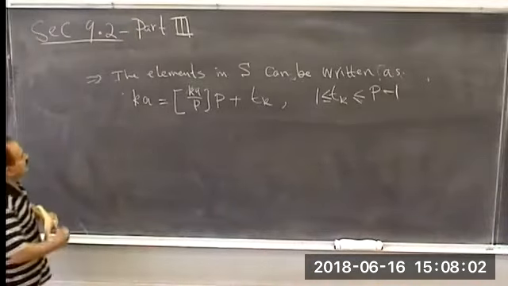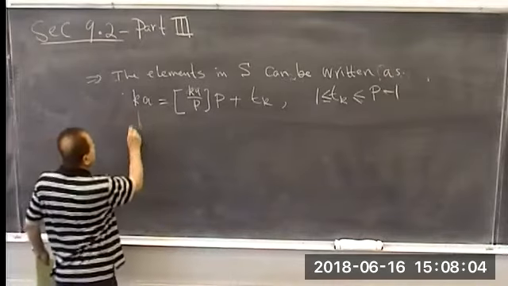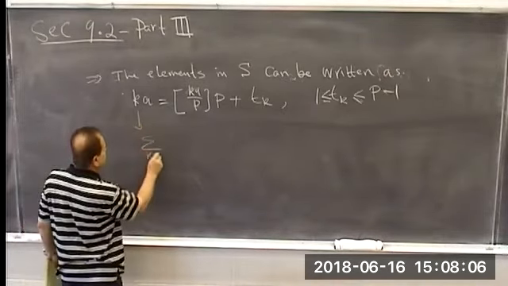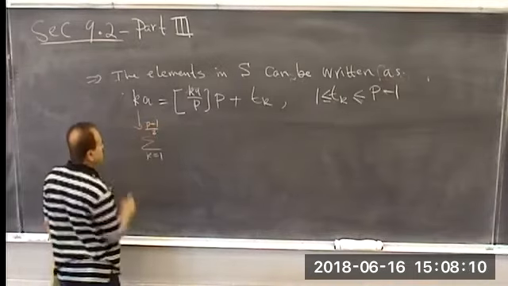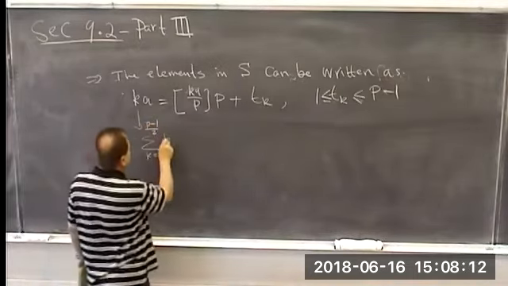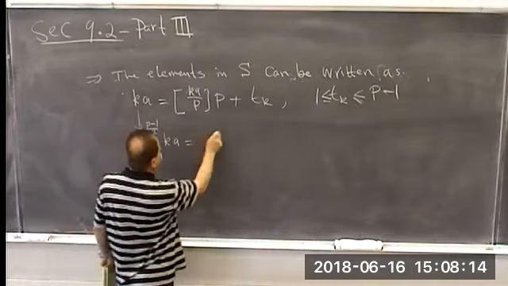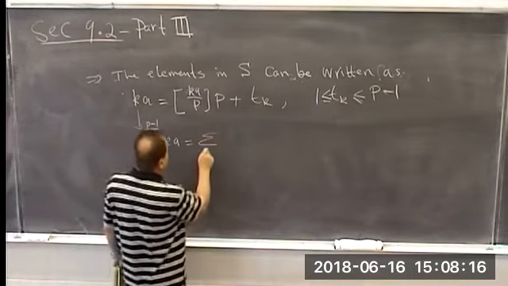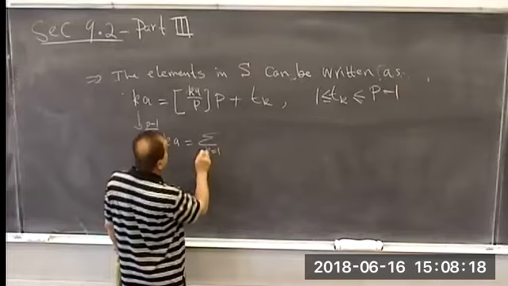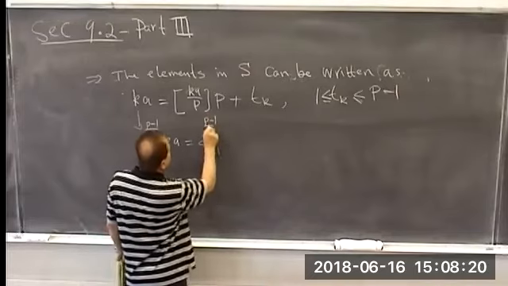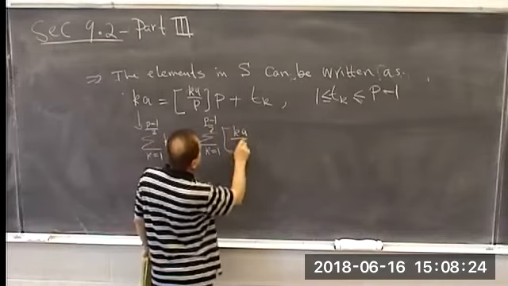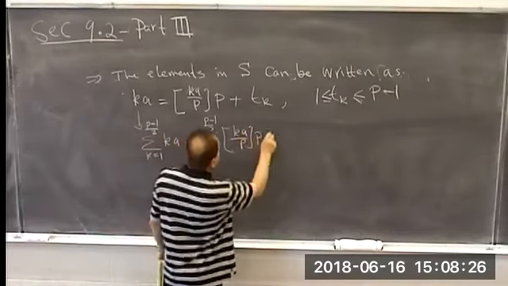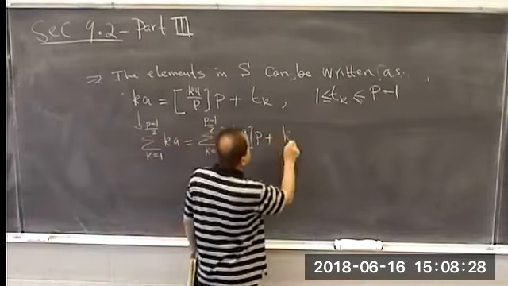We're going to take the summation, k equal 1 up to (p minus 1) over 2, of ka over p, times p, plus T sub k.